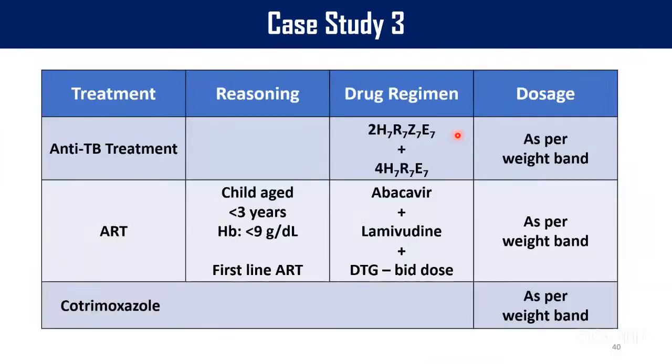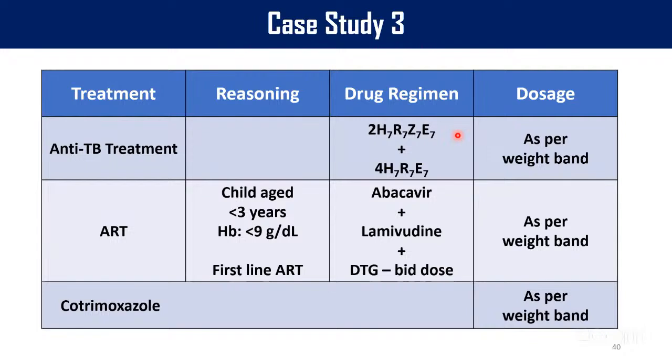Anti-tubercular management includes 4 drugs, HRZE, for 2 months in the intensive phase and 3 drugs for 4 months of consolidation phase. This is available in your RNTCP program. Then ART is to be initiated in these children as soon as you have stabilized the tuberculosis, usually by around 2 weeks.